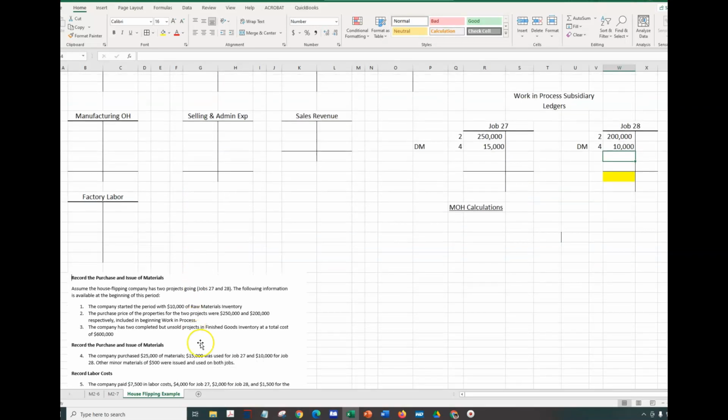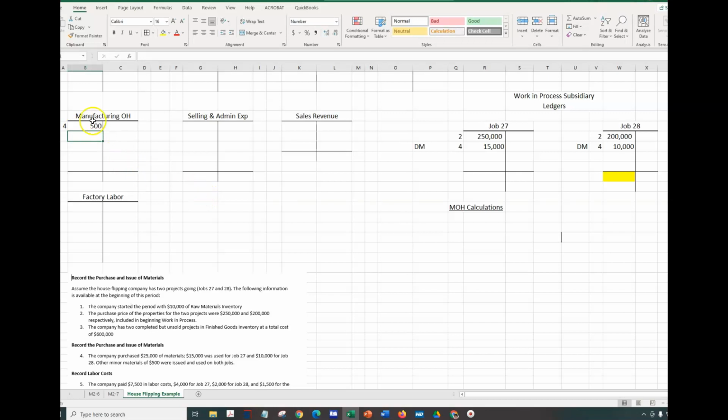But it said they used the 15, the 10, and an additional 500 for minor materials. Oh, minor materials. Remember that? So that goes to overhead.